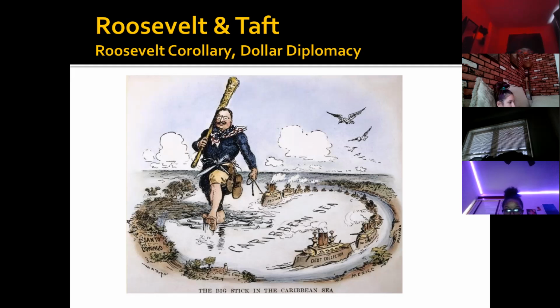The next major policy is dollar diplomacy. Dollar diplomacy was passed by William Howard Taft, the president after Roosevelt. And it actually scales back imperialism.